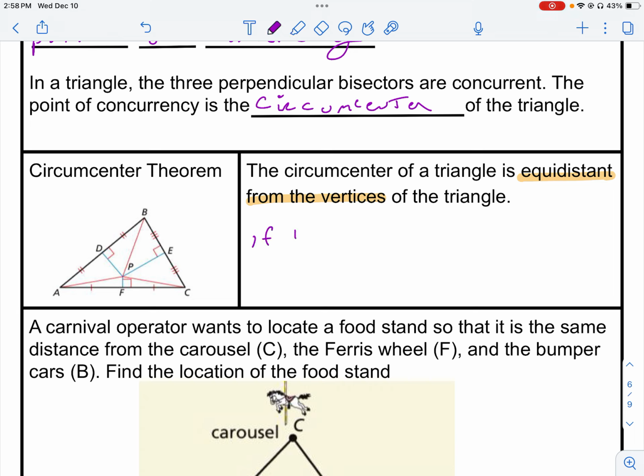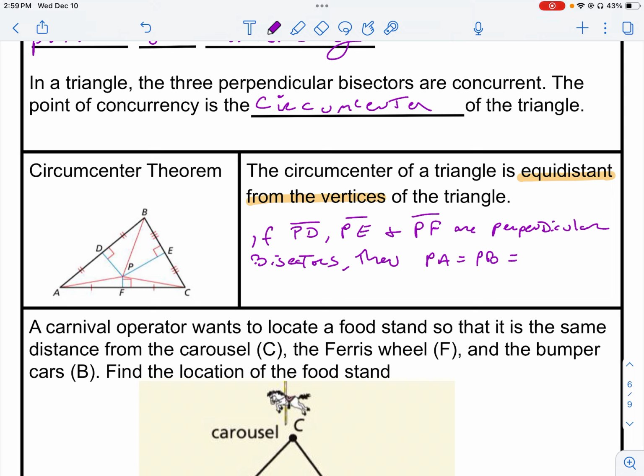So if PD, PE, and PF are perpendicular bisectors, then PA equals PB equals PC. So we're going from the side to the angle.